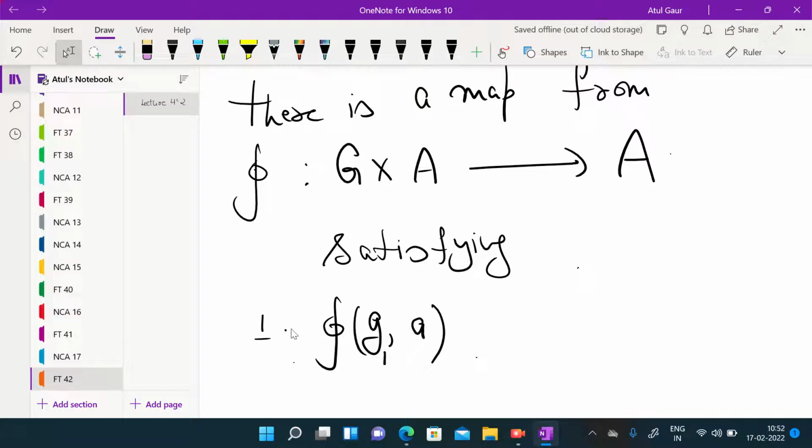Then you have another element g2 in G. Apply phi on this.